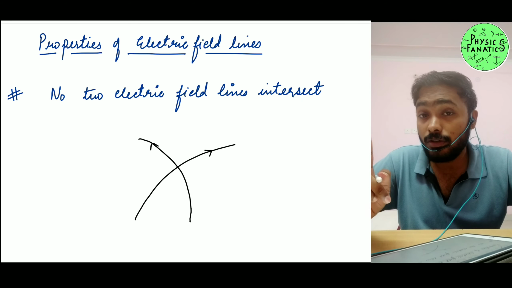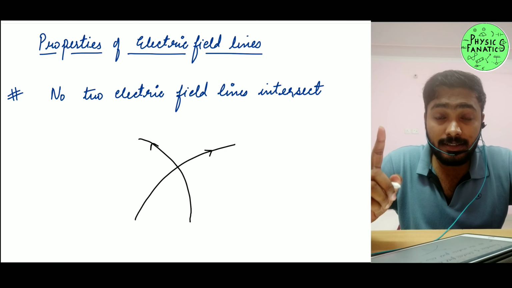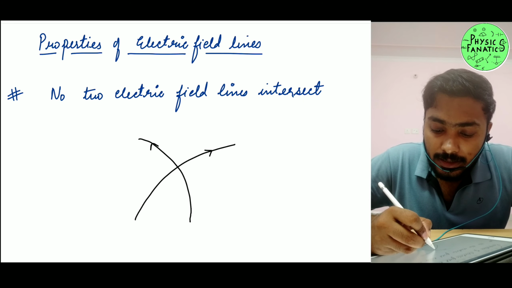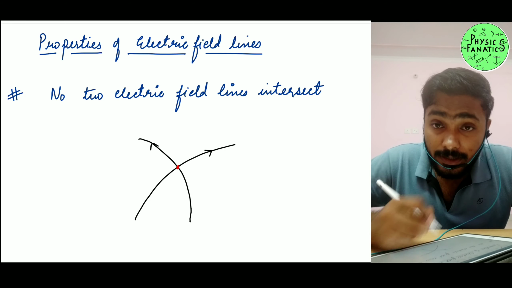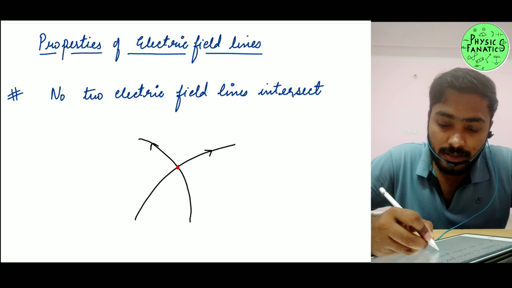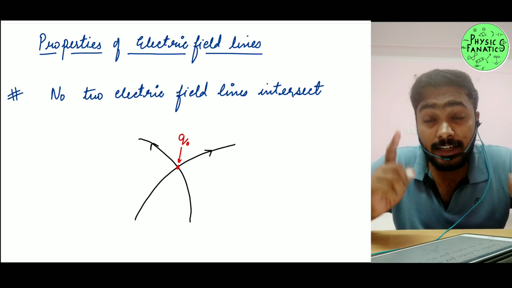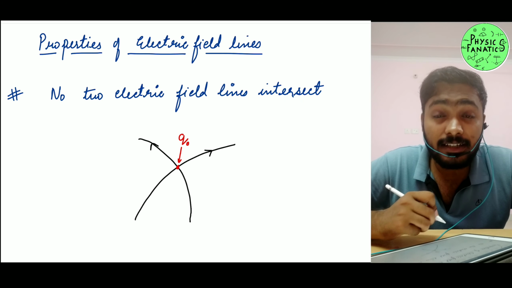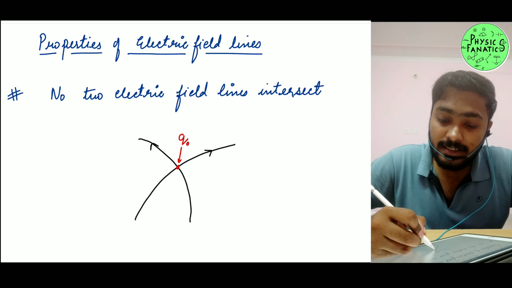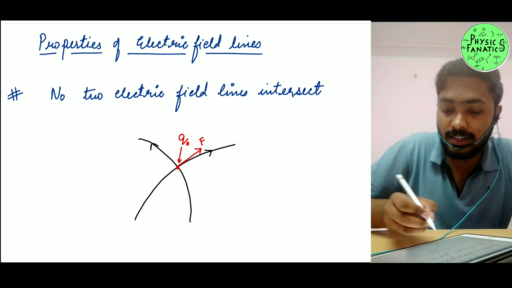Now what is going to happen? The problem with this diagram is that at the point of intersection, if I place a test charge, then this test charge has two tangential directions.